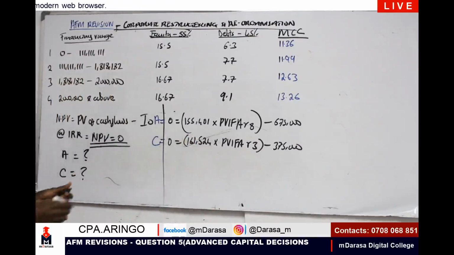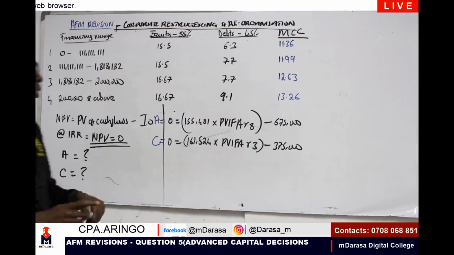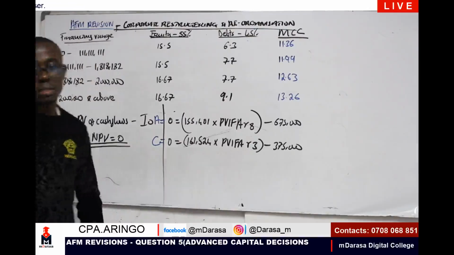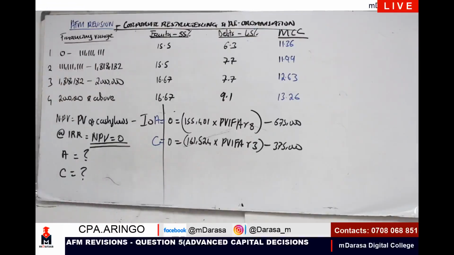So it is upon us basically to determine the present value interest factor. Do you really want Mwalimu to do that for us? We can do that, my good students. Let me do for the first one so that you can basically work out for the other one, right?